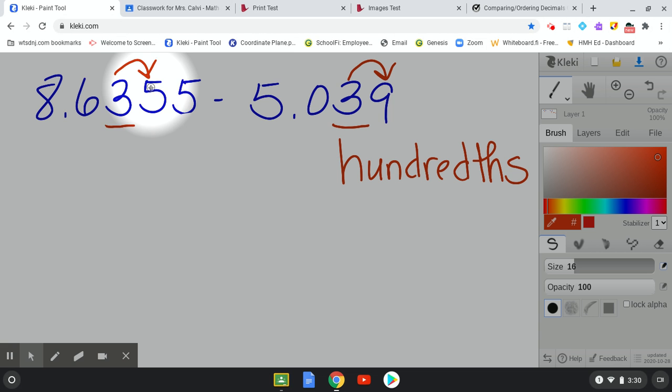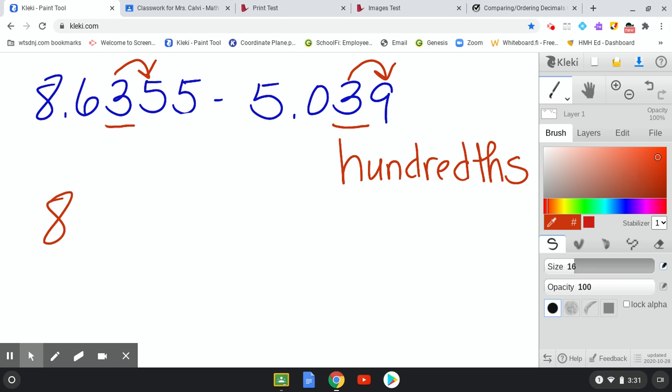For this one, the 5 is going to tell me that this 3 becomes a 4. So I'm keeping the 8, I'm keeping the decimal, I'm keeping the 6, and the 3 becomes a 4. Okay? It's not necessary to put zeros to the right.